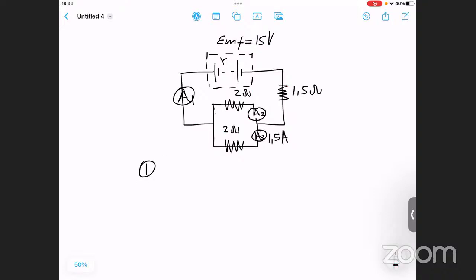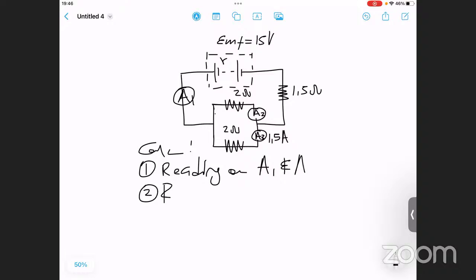Question number 1: calculate the reading on ammeter number 1 and ammeter number 2. For this question, we will give you 2 marks.